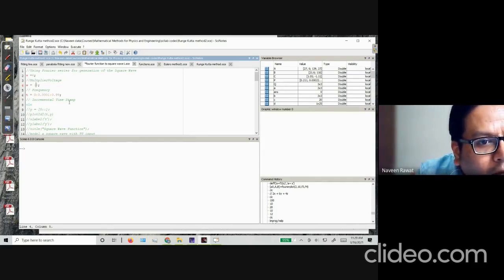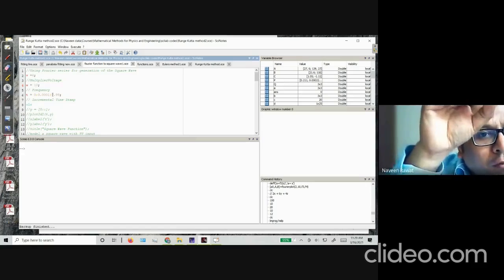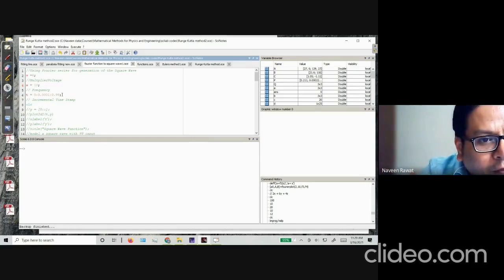Okay, and the curve that we are generating for certain time, because a signal will flow for certain time, so we are generating basically points from 0 time to 0.99 seconds, and then each step size is 0.001. Okay, so that is the incremental time step for which the signal will keep on moving. Okay, so every data point will go from 0 to 0.99 with an increment of 0.001.